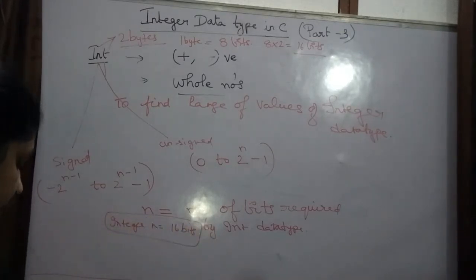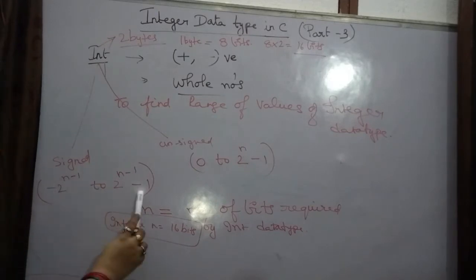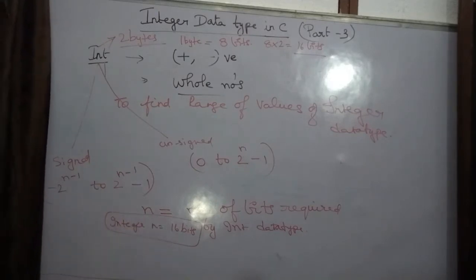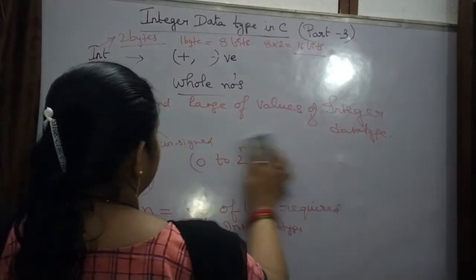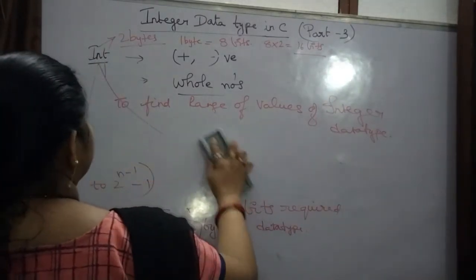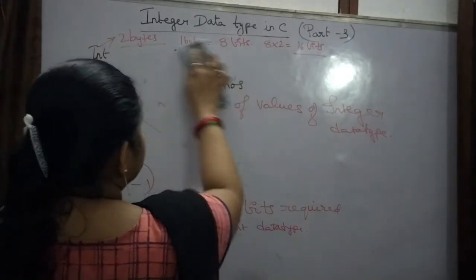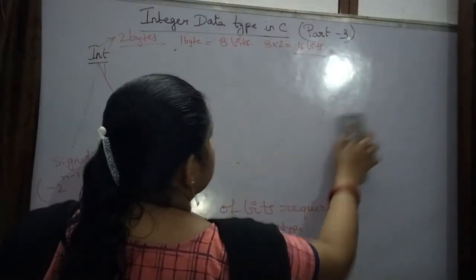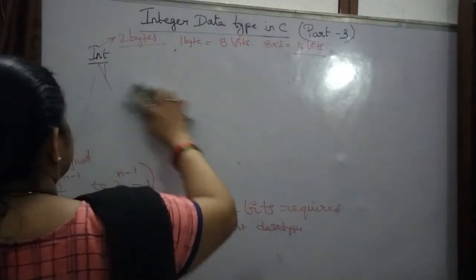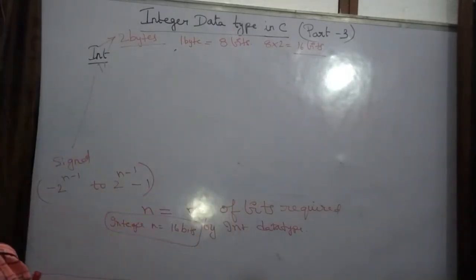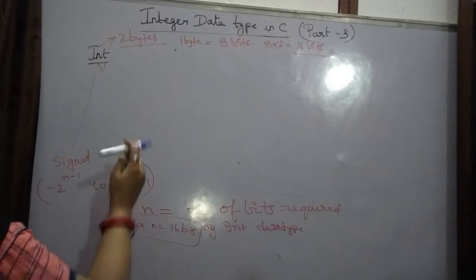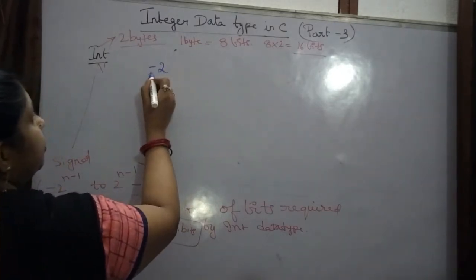So now you can calculate the value with this n. I am explaining about signed first. Now I will calculate this formula here.